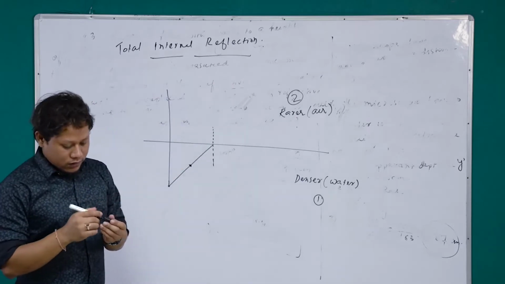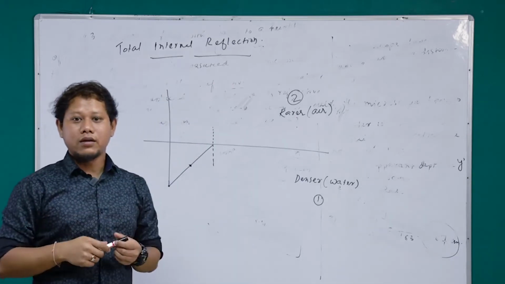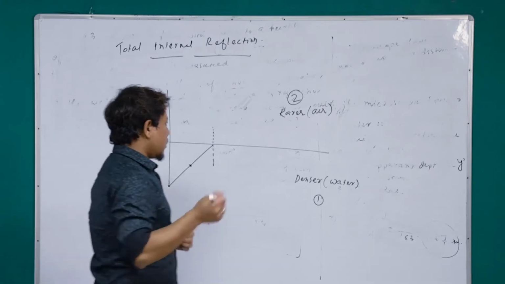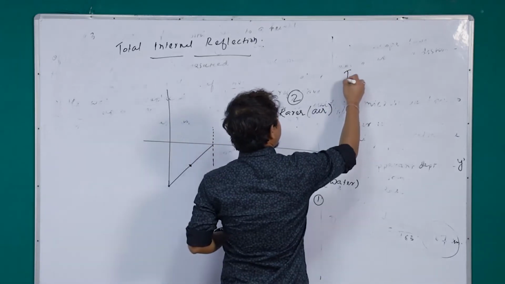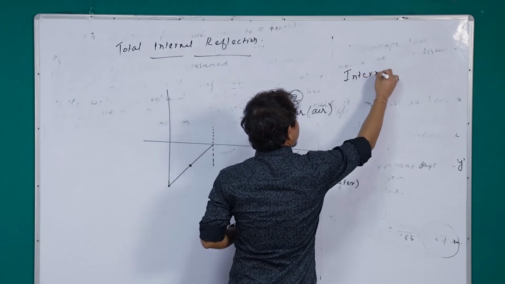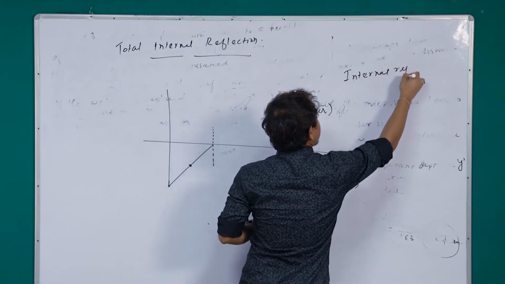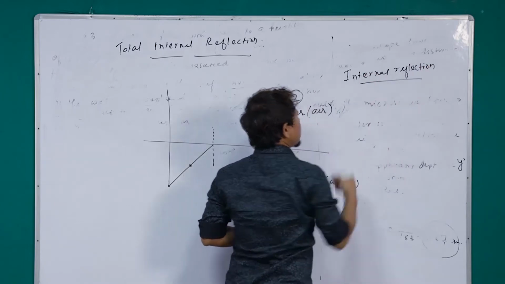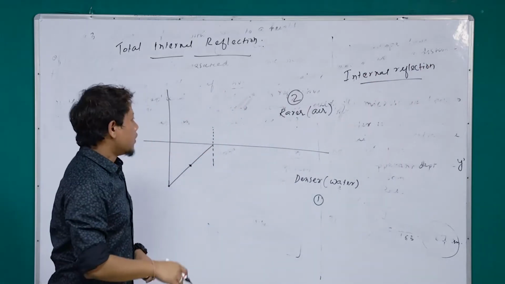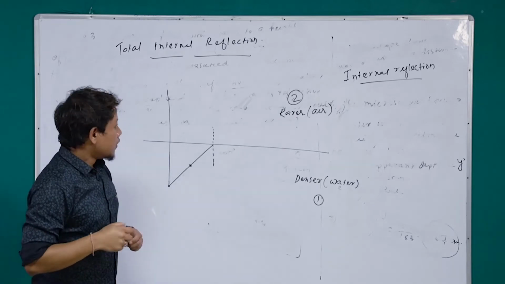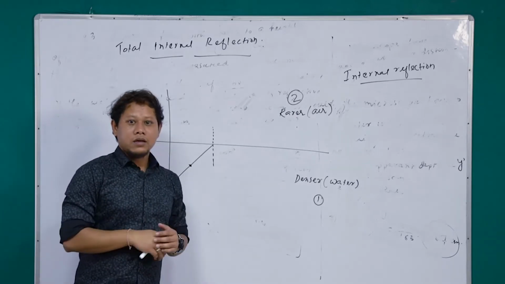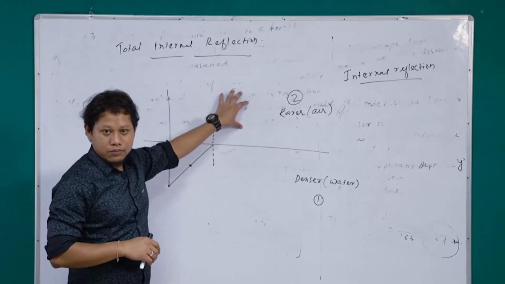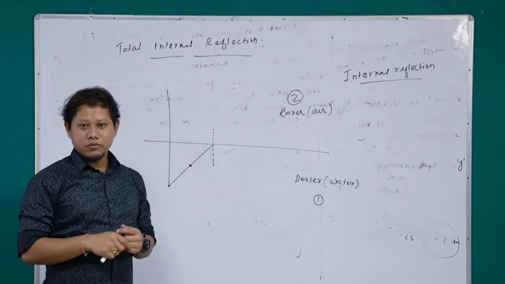Before discussing total internal reflection, we must know what is internal reflection. So when a ray of light traveling from denser medium to the rarer medium encounters the interface, what happens?